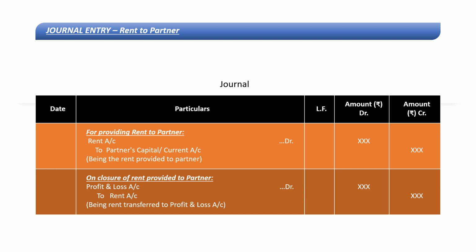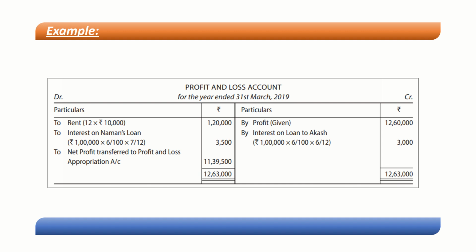If you see rent, interest on loan to partner, or interest on loan from partner, you have to prepare a PL account separately where you write the adjustments for rent, for interest on loan, partner's loan, whether given or taken, and then you arrive at the correct net profit after all adjustments. This is the profit which is transferred to PL appropriation account. Okay, so be very careful regarding these three adjustments, mainly rent, interest on loan.